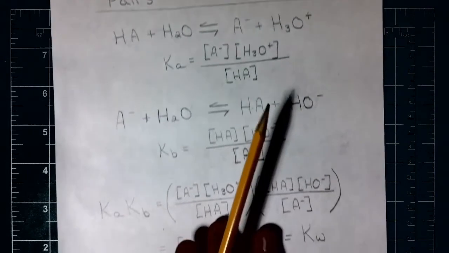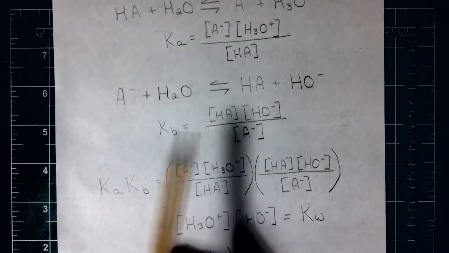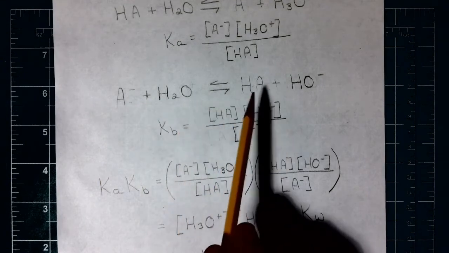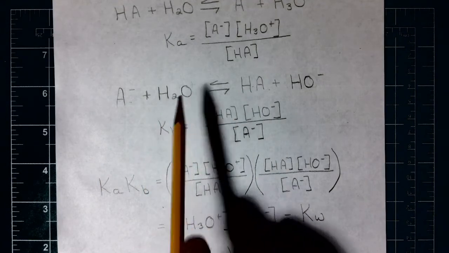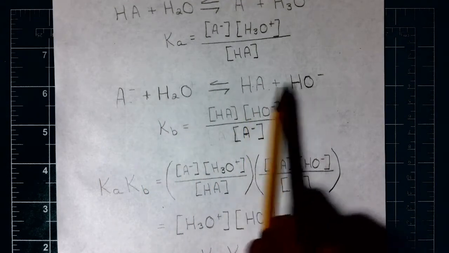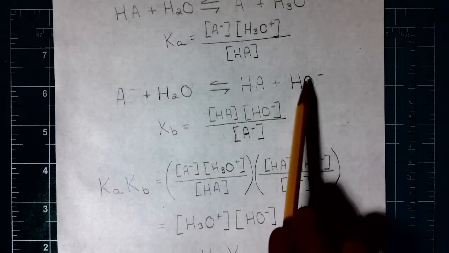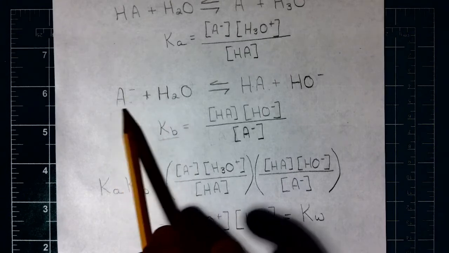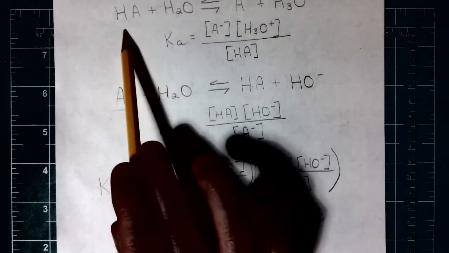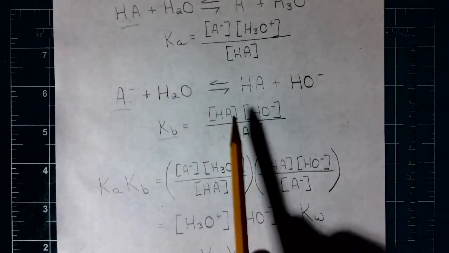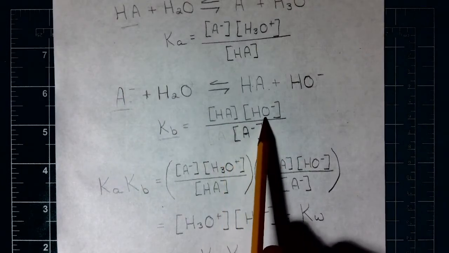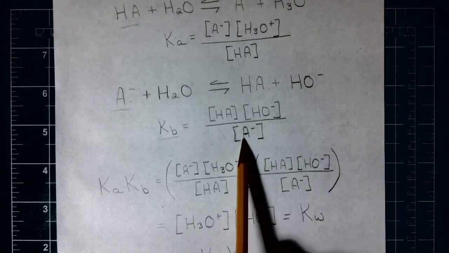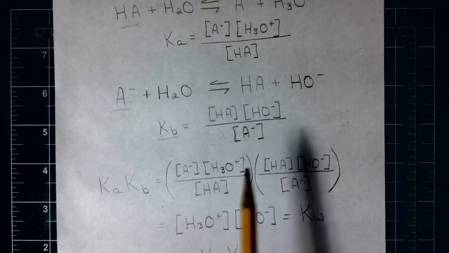But if I reverse that reaction, I now have a base that's reacting with water, and it's going to go back and form this hydroxide ion. And now I can write the Kb for the conjugate base of this acid. And I will get HA times HO minus over A minus.